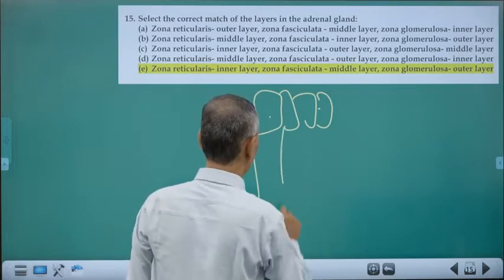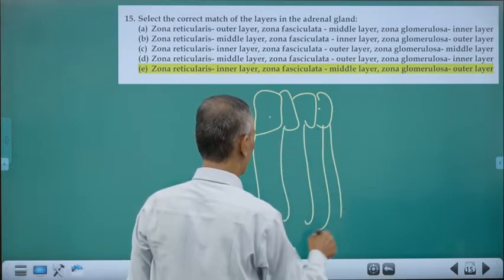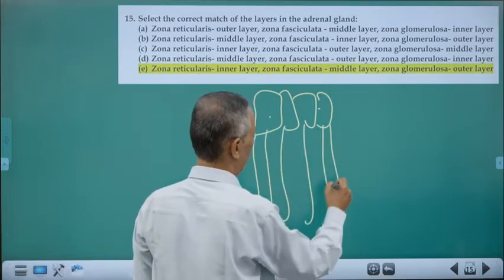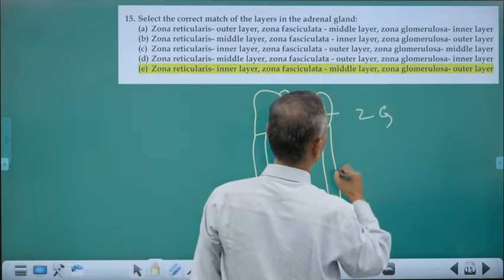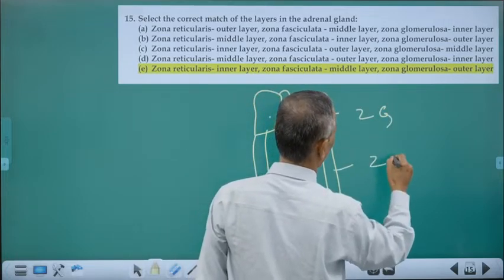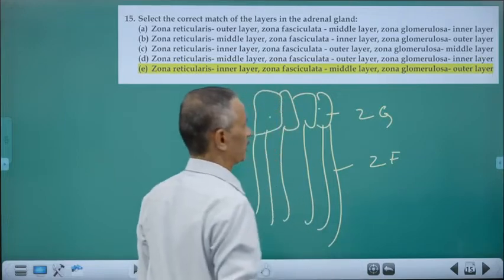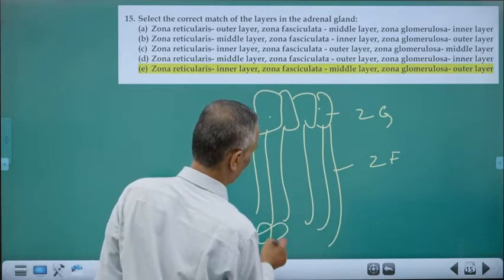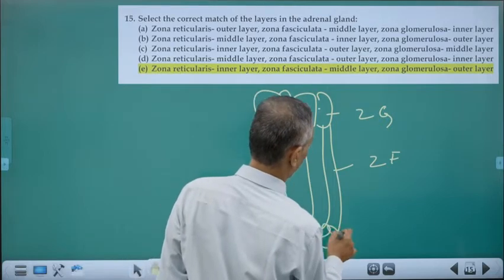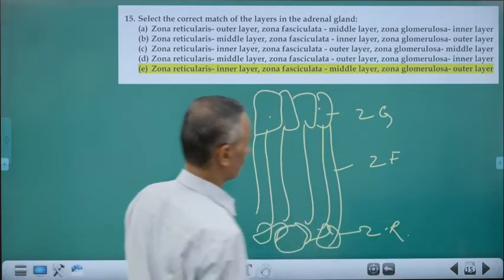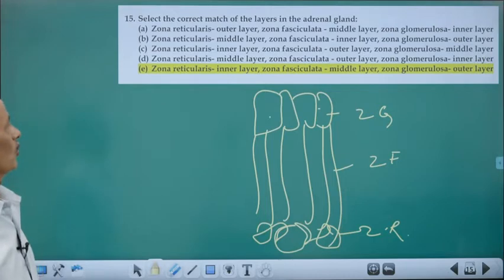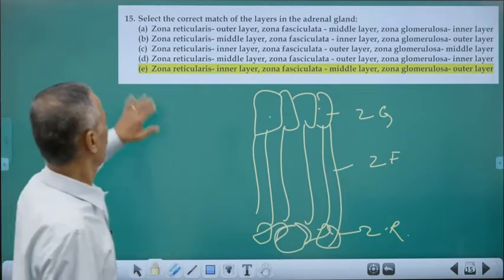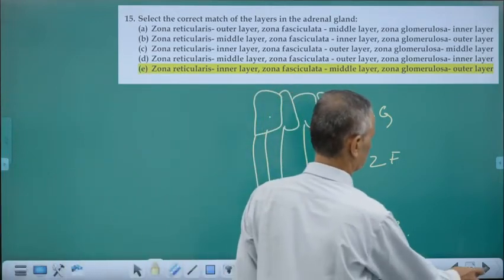Then you have a very thick, deep or broad layer, which is also the broadest layer, zona fasciculata, middle, and the innermost one is made up of zona reticularis, which produces sex corticoids. So option is E.